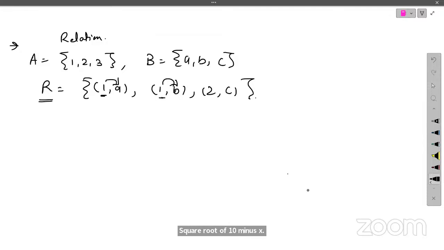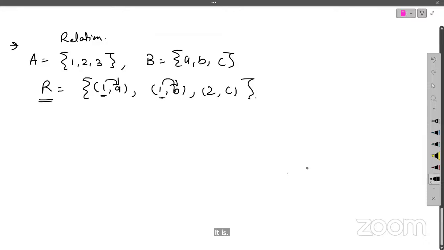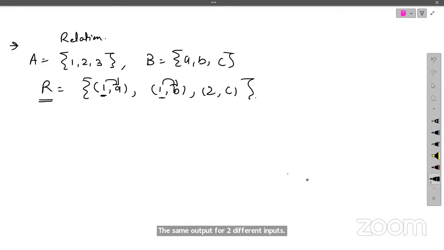Ma'am, can you please repeat the part about the same output for two different inputs? What if we have the same output for two different inputs? Will that be a function? That is allowed. For two different inputs you can have the same output, because these two properties are not violated: for every input you have an output, and for every input you have a unique output.